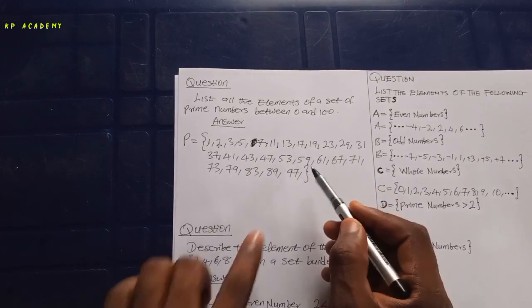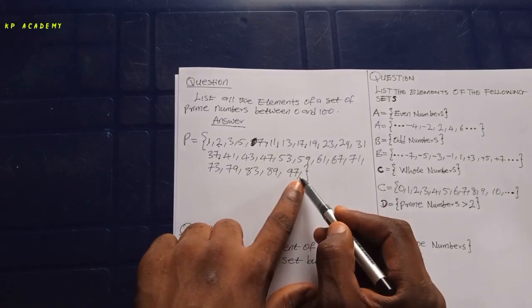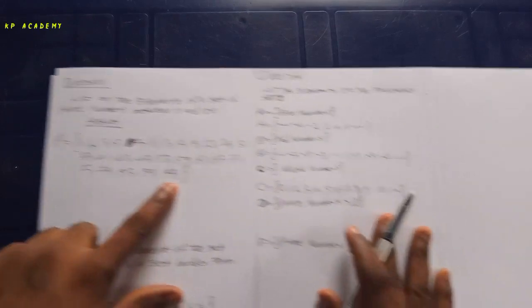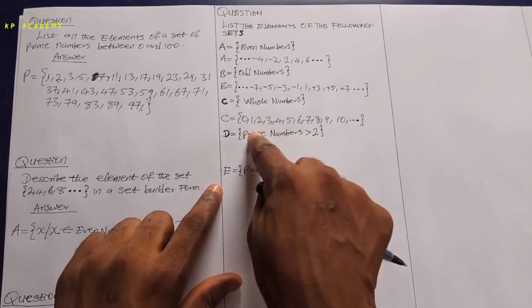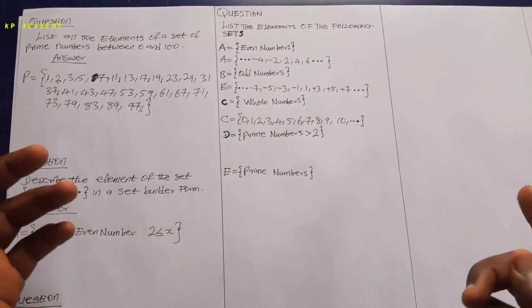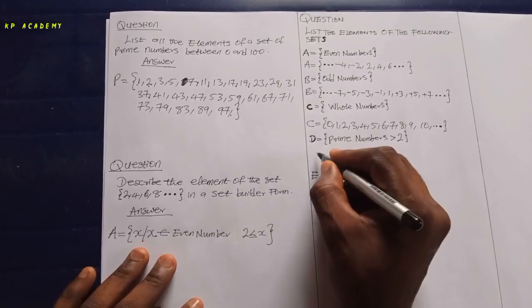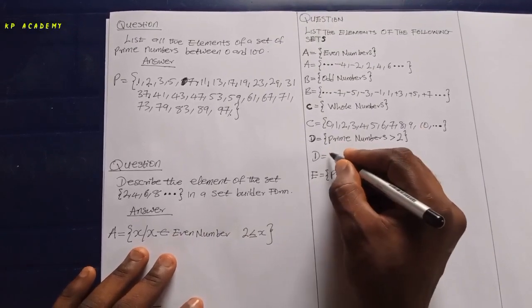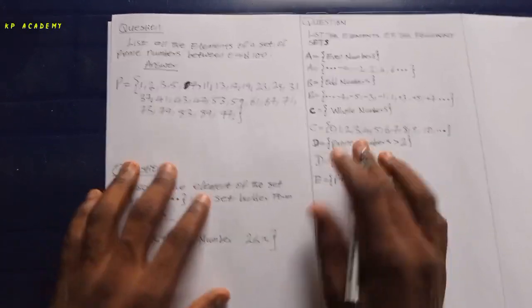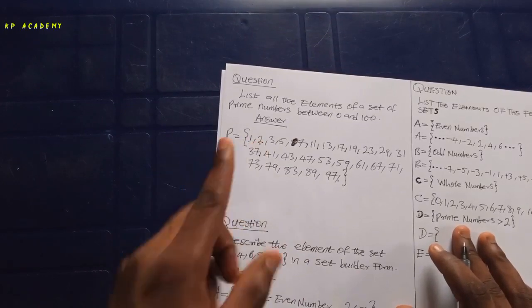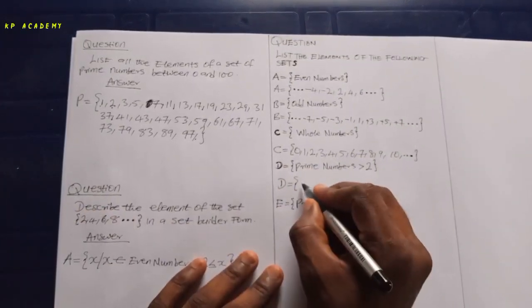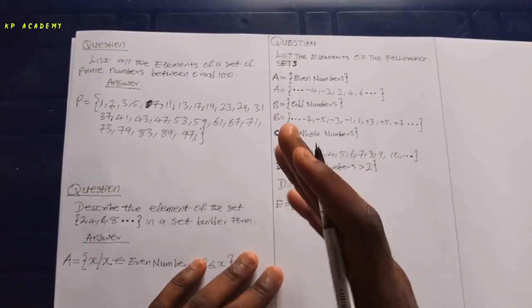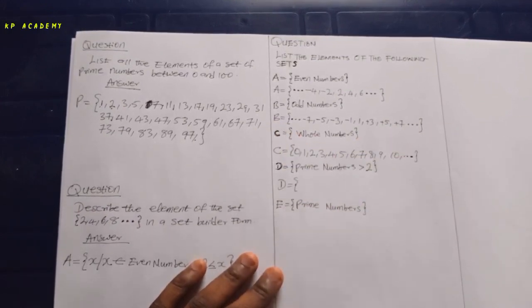And of course, the set is not going to stop here, because it says all. So what this actually means is that this set D and set E are similar. All right, so you can even answer this particular one this way: set D is equal to the set of, now you're not going to include 1 and 2 since it says greater than 2, so you're going to start from 3, since they said the set of all the prime numbers that are greater than 2.